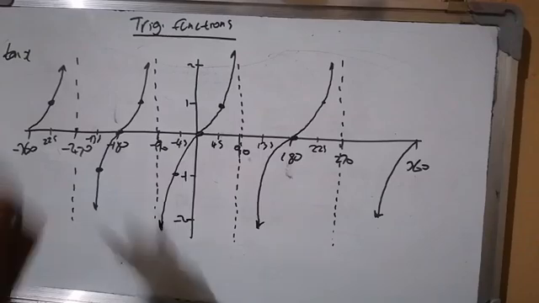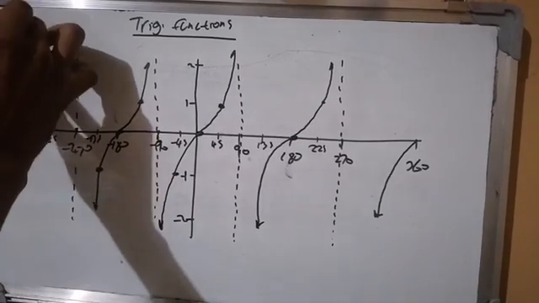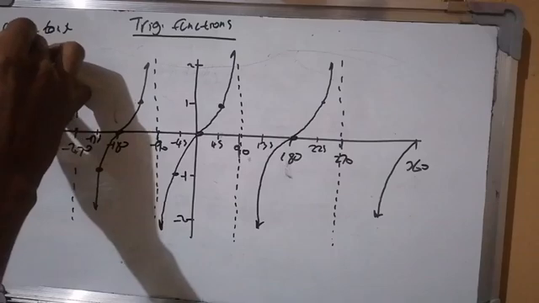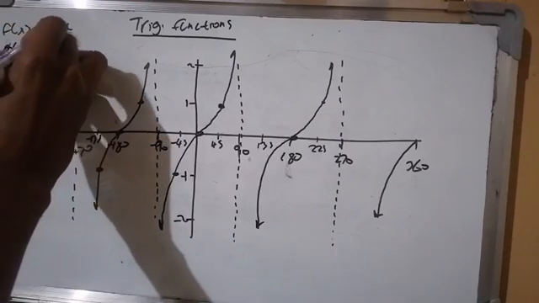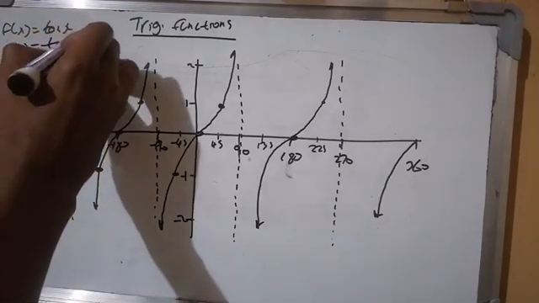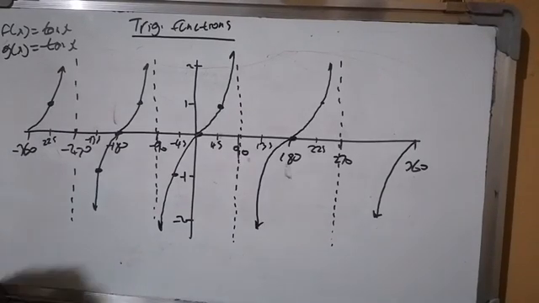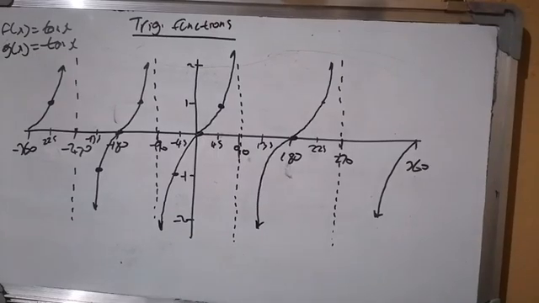And then this, by the way, is f of x equals tan x, and I want us to draw the graph of g, say negative tan x. With the negative tan x, the graph is going to be flipped, which is very interesting when you think about it. It's going to flip.